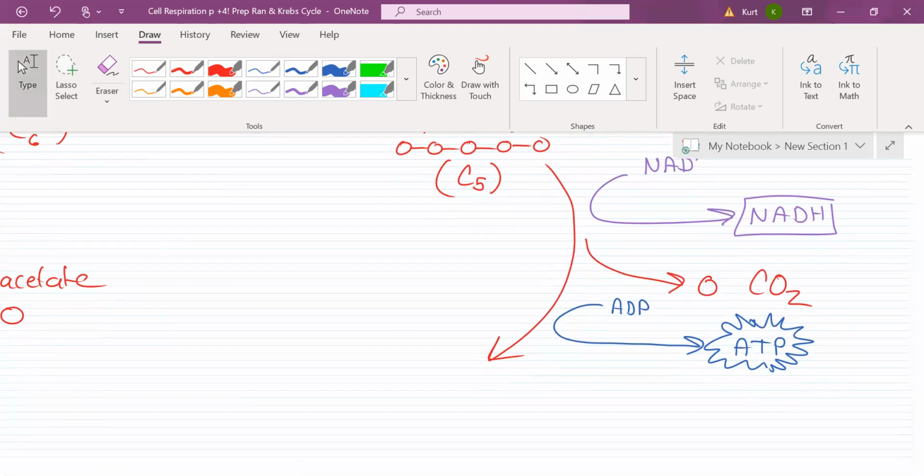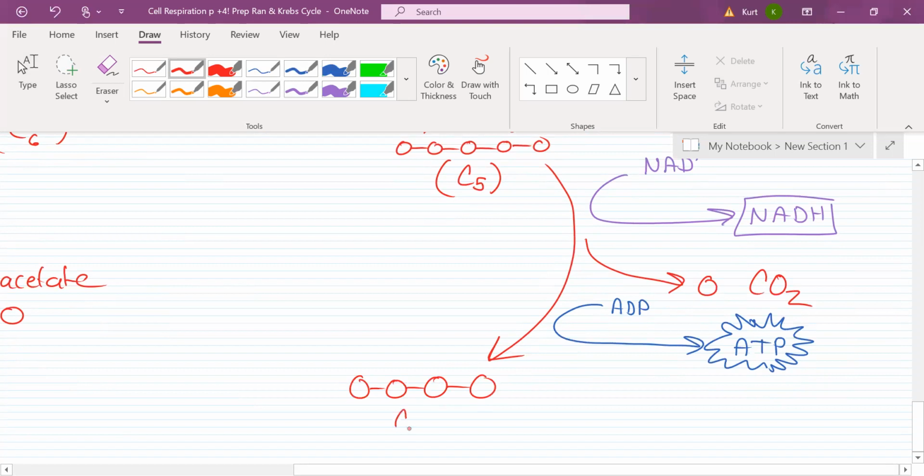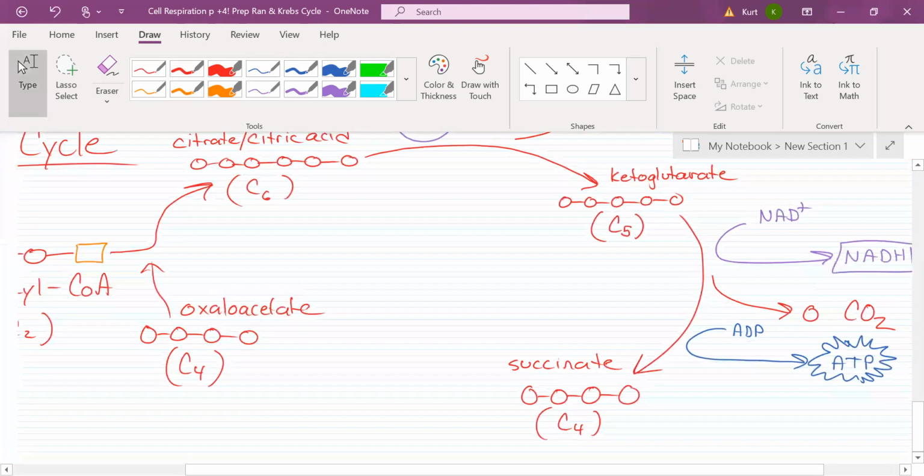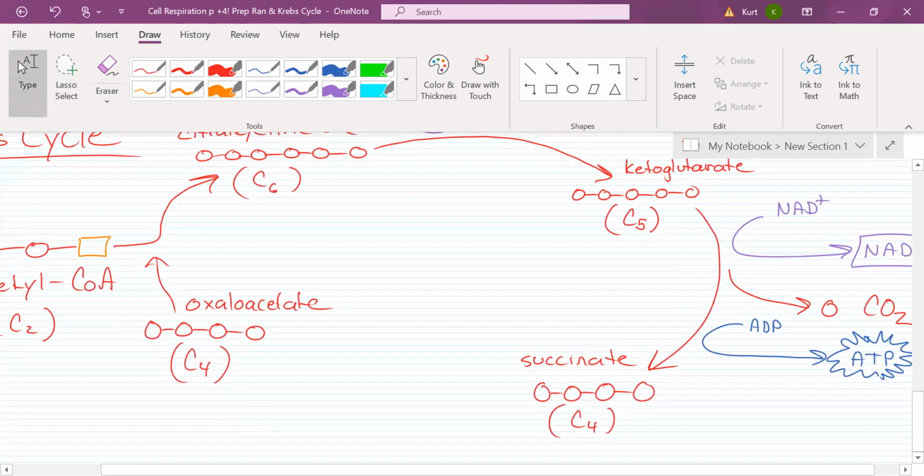You now have a C4 molecule. 1, 2, 3, 4. This is called succinate. You can see we're getting close to bridging this whole cycle. We only have 2 more steps.